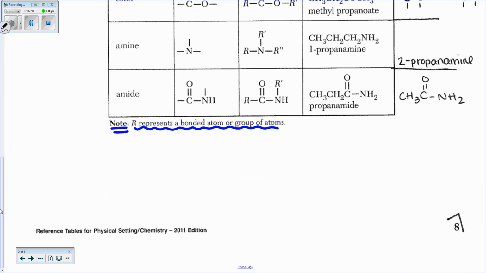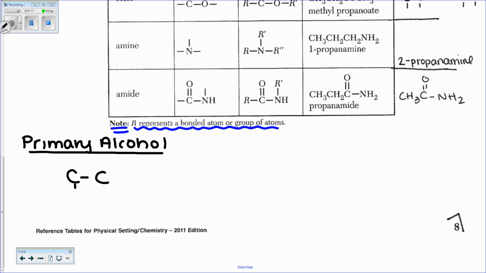So down here I want to talk about the types of alcohol. I can have what's called a primary alcohol. Primary alcohol means, let me show you, 2 C's, let's say I have an OH here, got H's here. This would be primary. If I look at my OH group, I want to look at the C it's attached to.